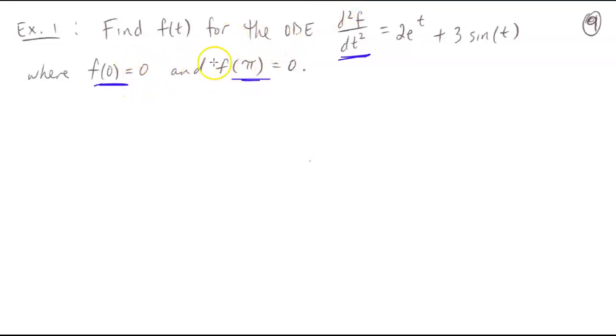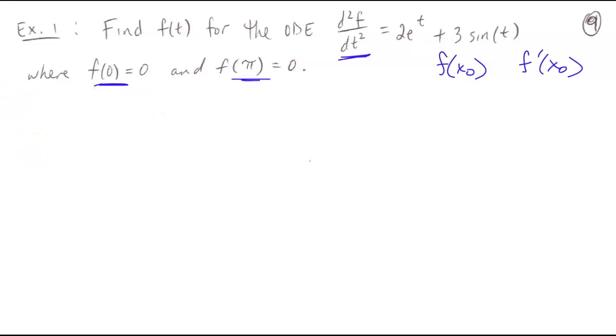In this case, notice that we don't have the traditional f of 0 and f prime of 0, okay? I did this on purpose to show you that if we have more information about the original function, we could use that as well, okay?